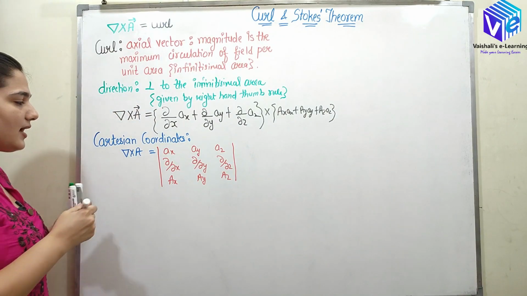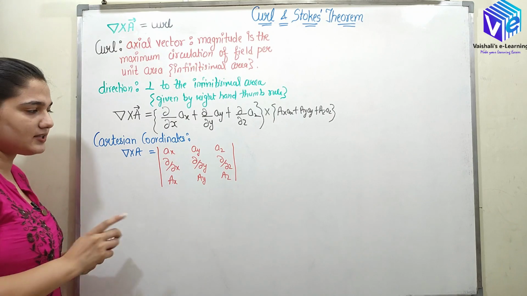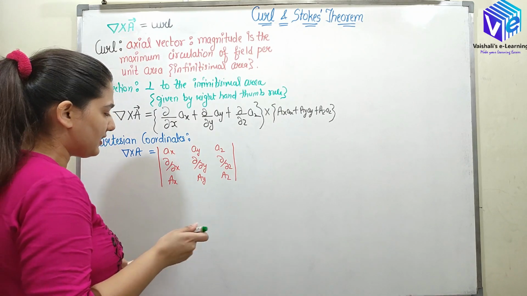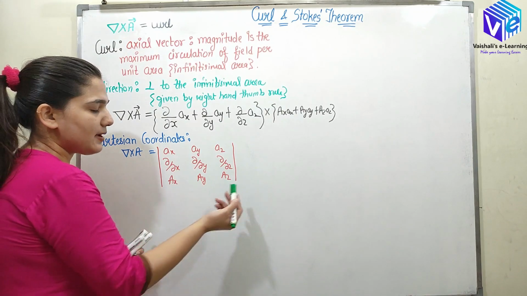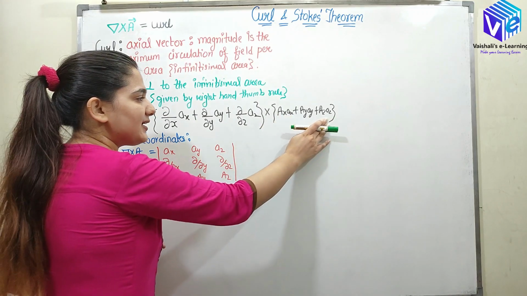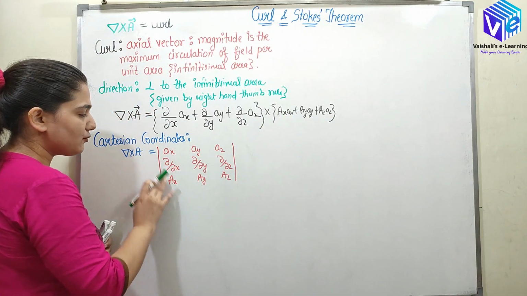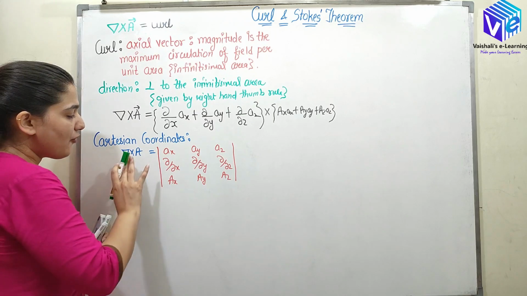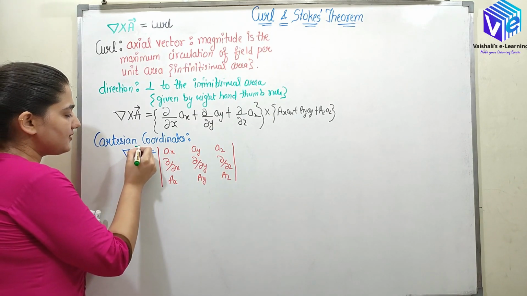This is the actual formula of del cross A in Cartesian coordinates. We know what are Ax, Ay and Az. They must be given to you in the question itself, and you can find del cross A for any vector field. So A here is a vector.